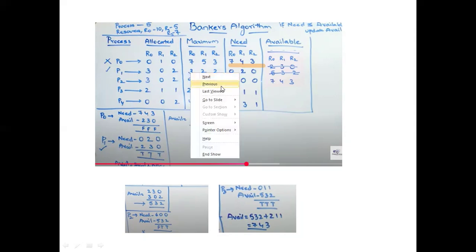So P1 is now executed. Let's see the available now. We have to update the available by the formula: work equals work plus available. That is 230 plus 302, which becomes 532. The updated value of work plus available is 532 now. Let's give the chance for P2 now.